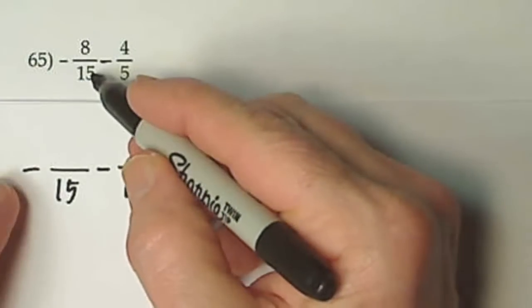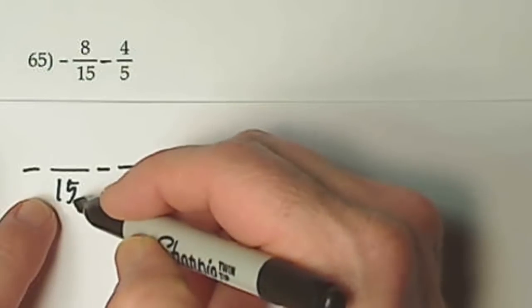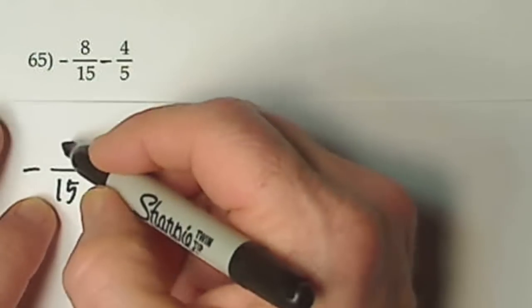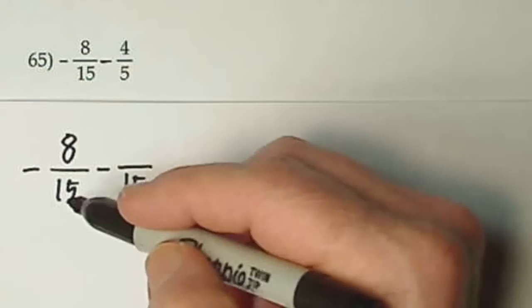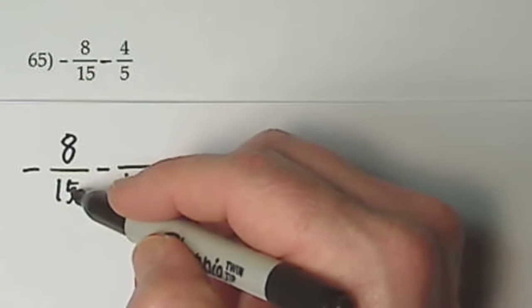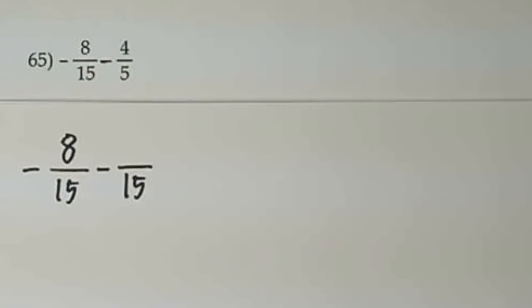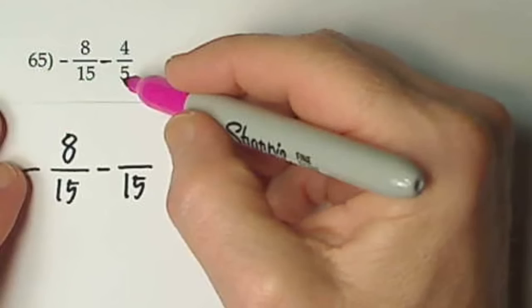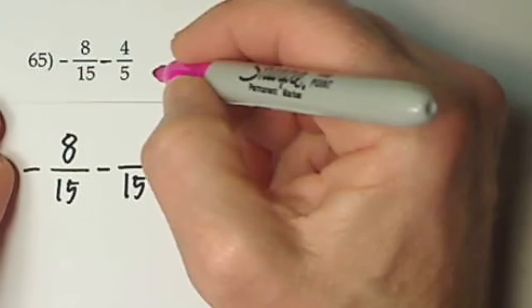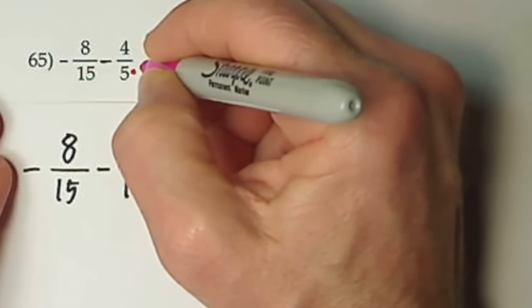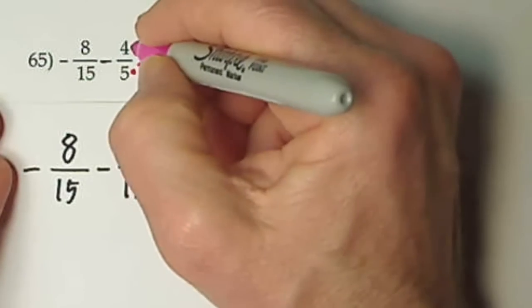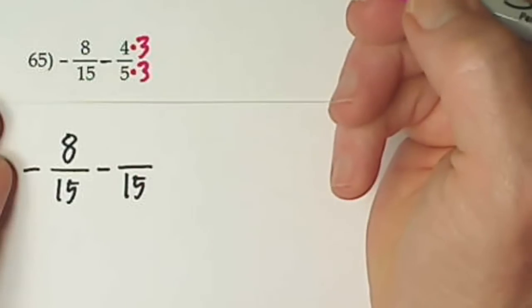And this denominator is already a 15, so I just keep the 8. I didn't have to change anything to get the denominator to 15. But over here, to get from 5 to 15, I had to multiply by 3. So I have to do the same thing to the numerator.